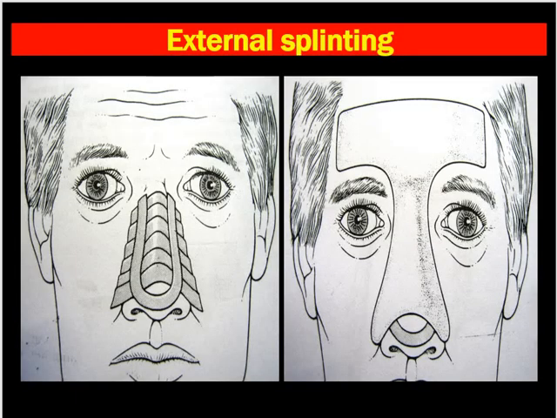After completion of the procedure, external splinting is performed to avoid displacement of the fractured nasal bone. Otherwise, if we don't use the splint, then the nasal bone may be displaced again. There are different techniques of applying external splintage. Nowadays, we get a ready-made splint so that we can use the splint for 5 to 7 days.